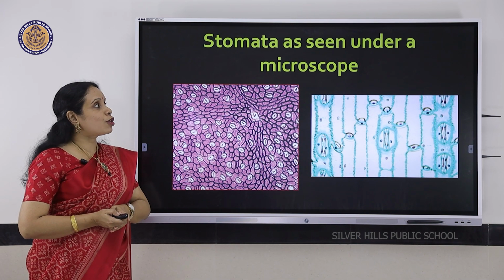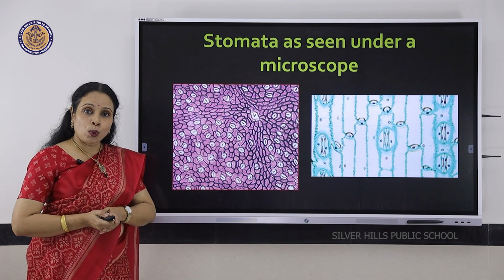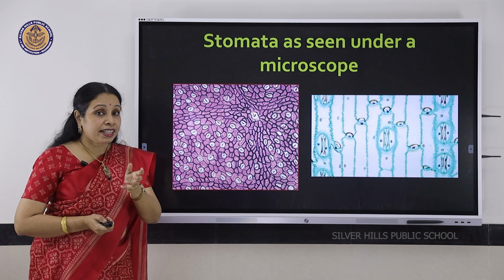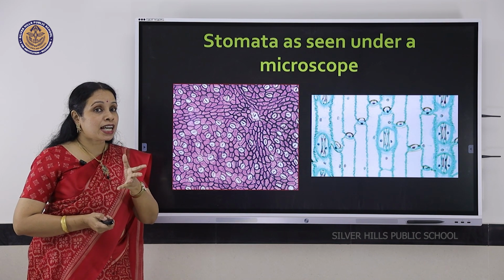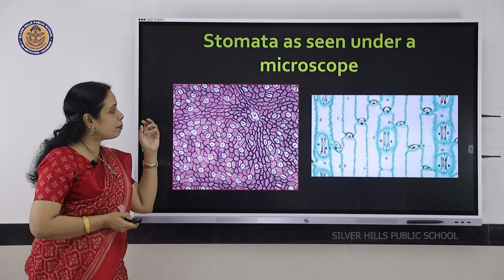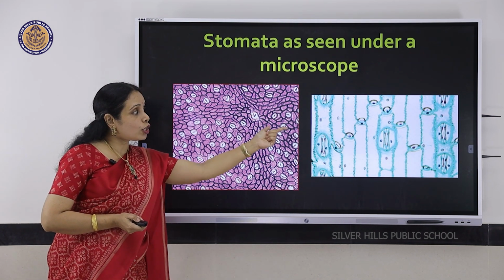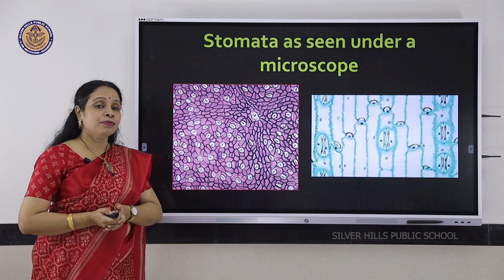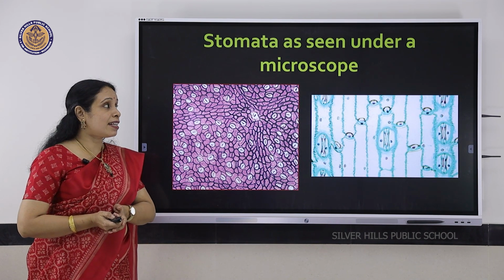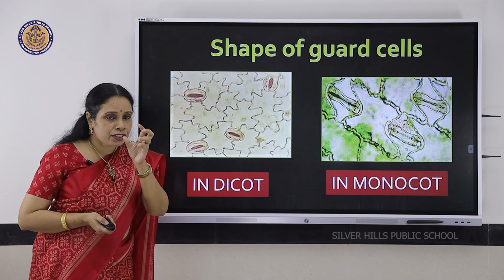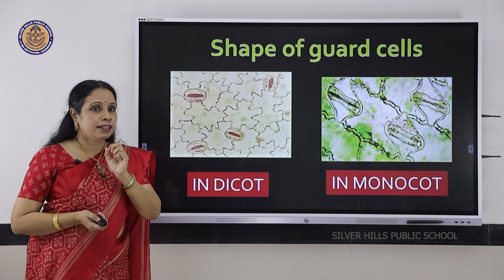So if we view the stomata under a microscope, you take a leaf peel, stain it, and view it under the microscope, it will appear like this in dicots, and in monocots it will appear like that. So how do we distinguish between them? Observe the guard cells closely.